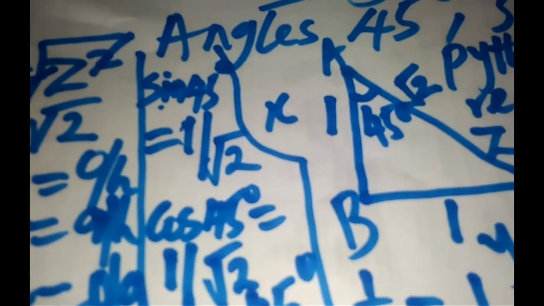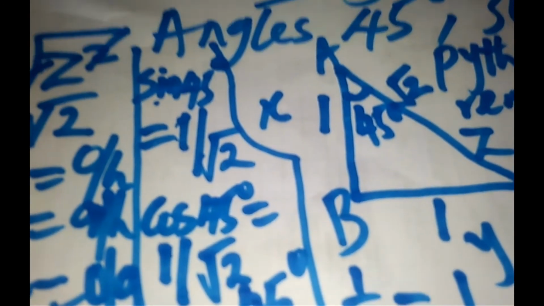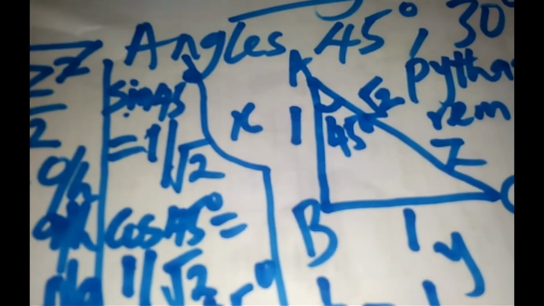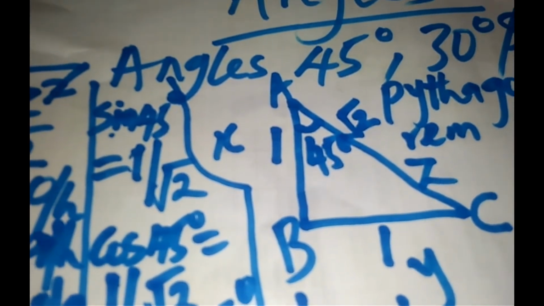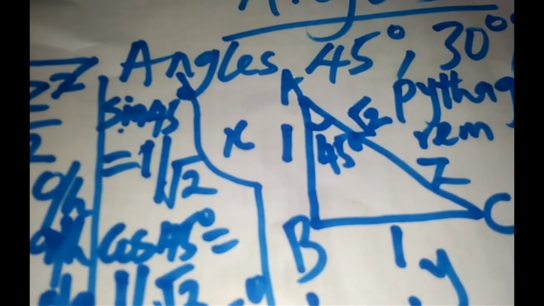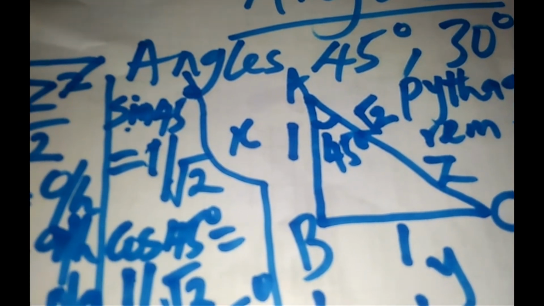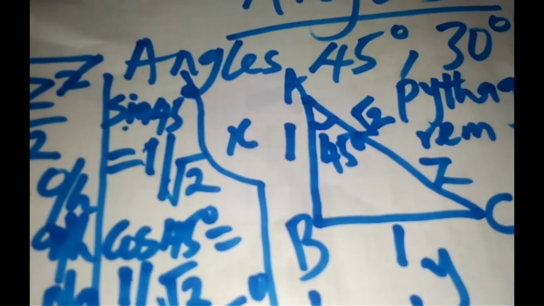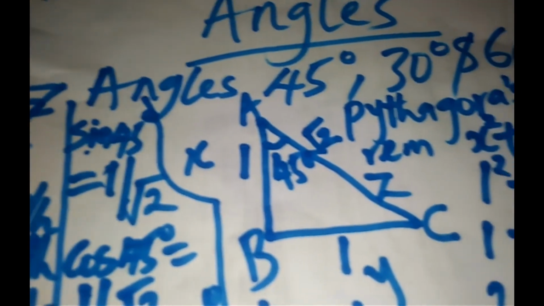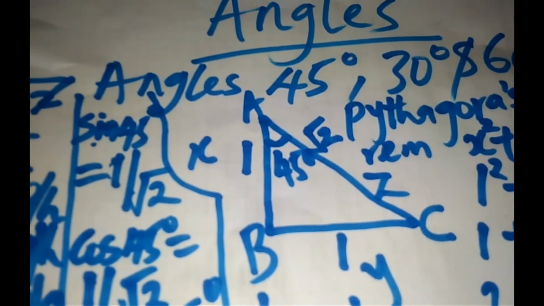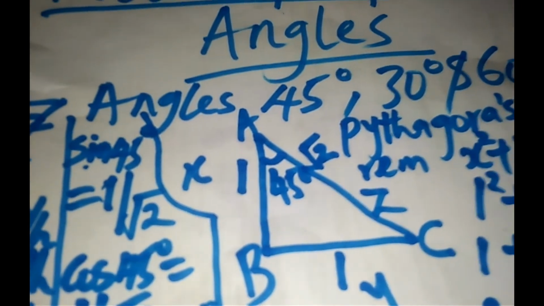And let's check out the next ones, which are 30 degrees and 60 degrees. They are not the only ones that can be considered using the right angle triangle, but they are just the ones I'll be picking for this video.